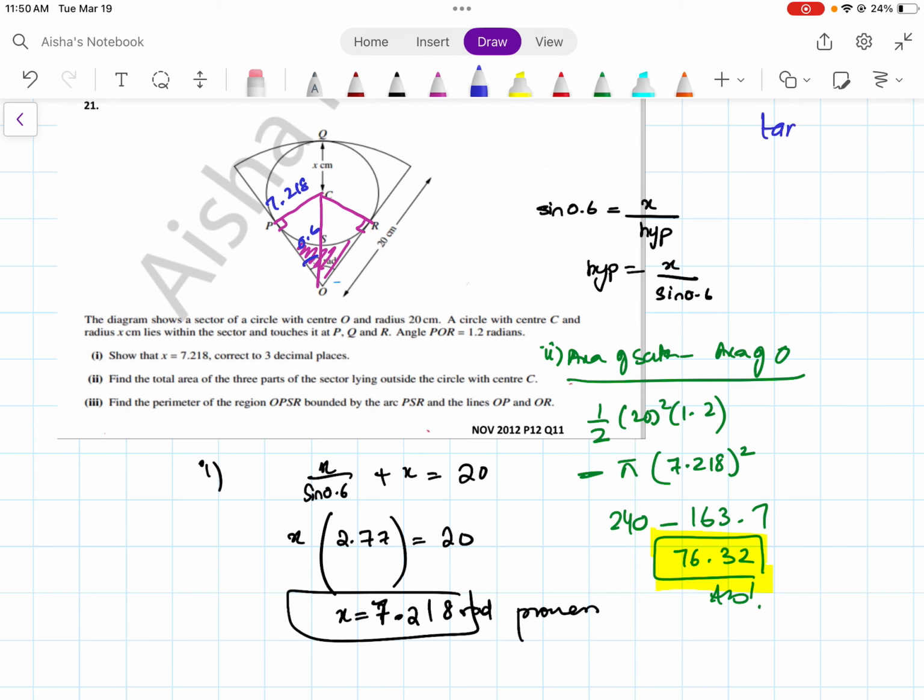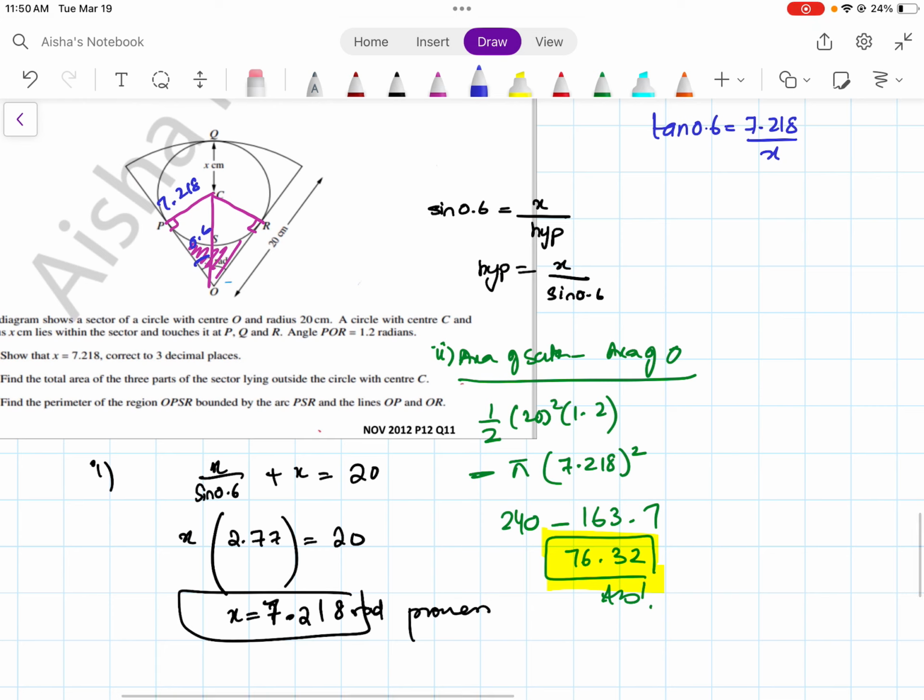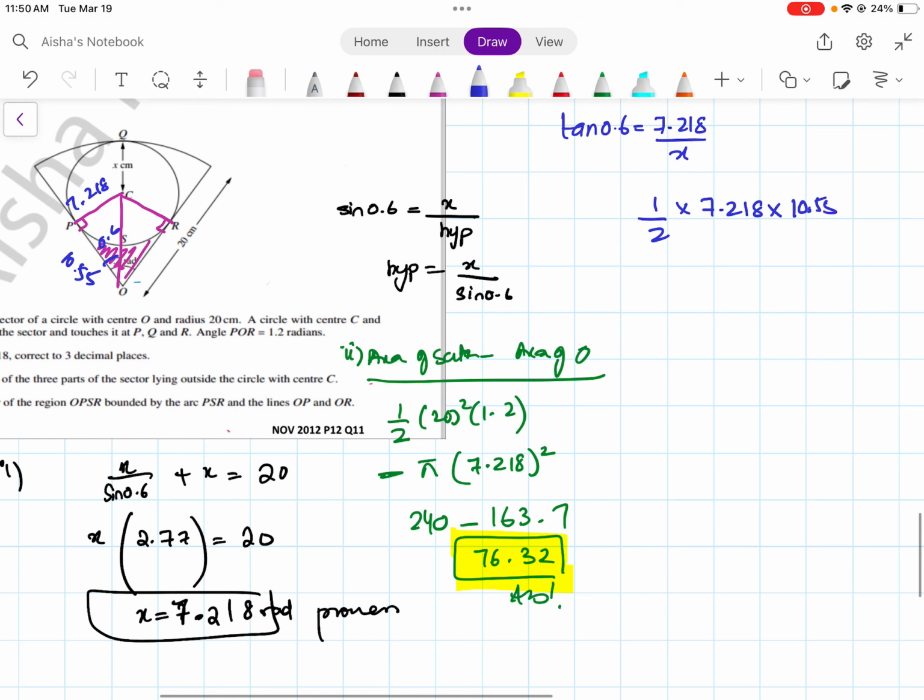So tan 0.6 is equal to opposite upon adjacent, my bad. 7.218 divided by tan 0.6 gives you 10.55. So half into base into height, and multiply it by 2 because there are two such triangles.